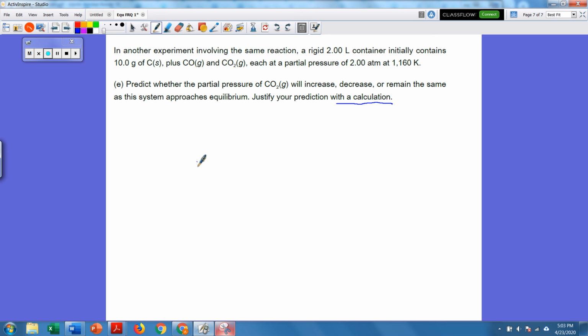We're given initial pressures of our gases, rather than being given the initial pressure of one gas and then the equilibrium pressure of the combined. We're now getting the initial partial pressure of each gas. So think for a second about what variable we could calculate that might tell us something about the direction of this reaction under these conditions.